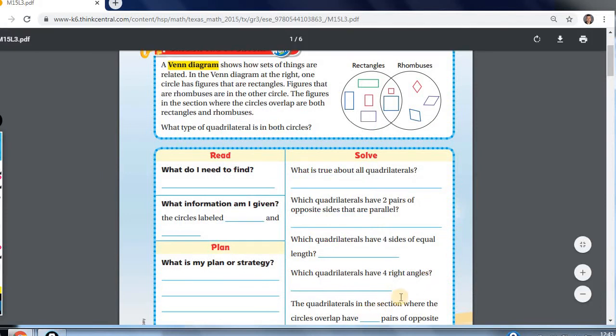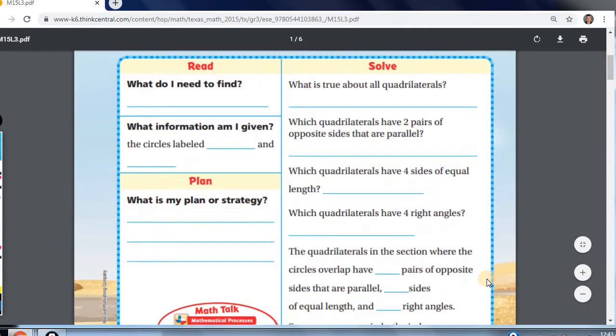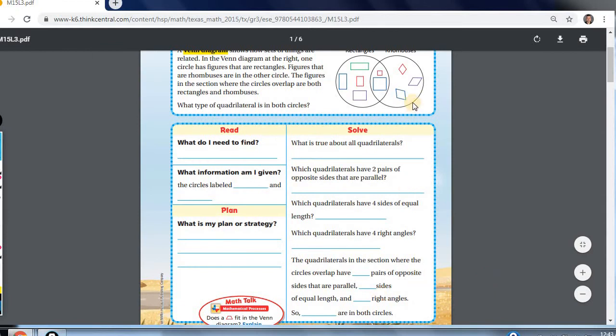They have 2 pairs of opposite sides that are parallel, 4 sides of equal length, and 4 right angles. So that's how we identified these right here. So squares are in both circles.